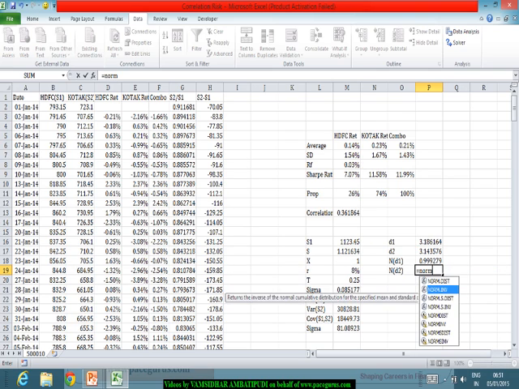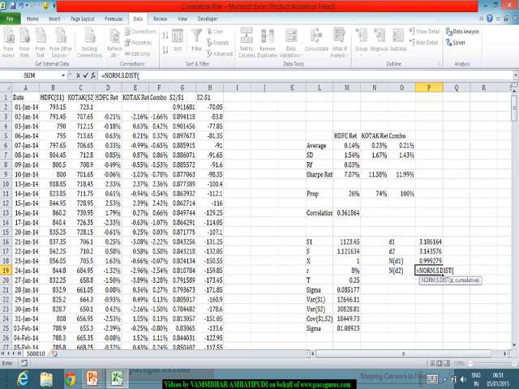If you are not aware of this, you can follow any video or content on the Black-Scholes formula, which can directly give you the value.